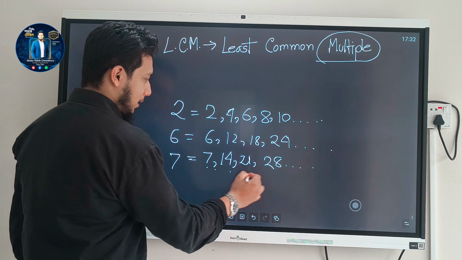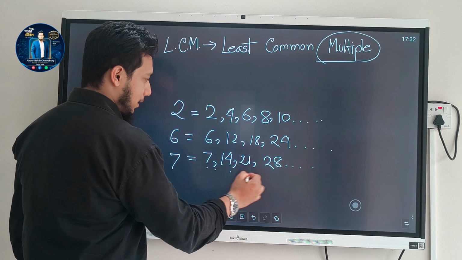Suppose we are finding the least common multiple, the LCM, of 2, 4 and 8. What are the multiples of 2? 2, 4, 6, 8, 10, 12, 14, 16, 18, 20, and so on.